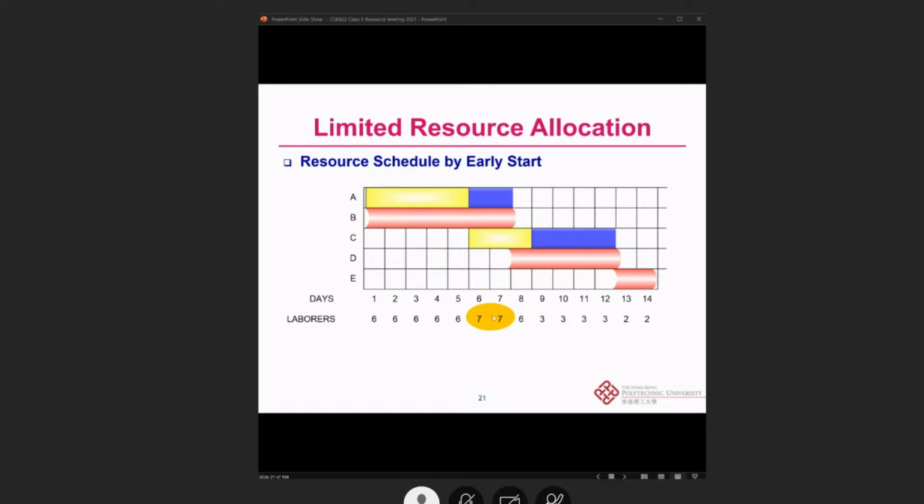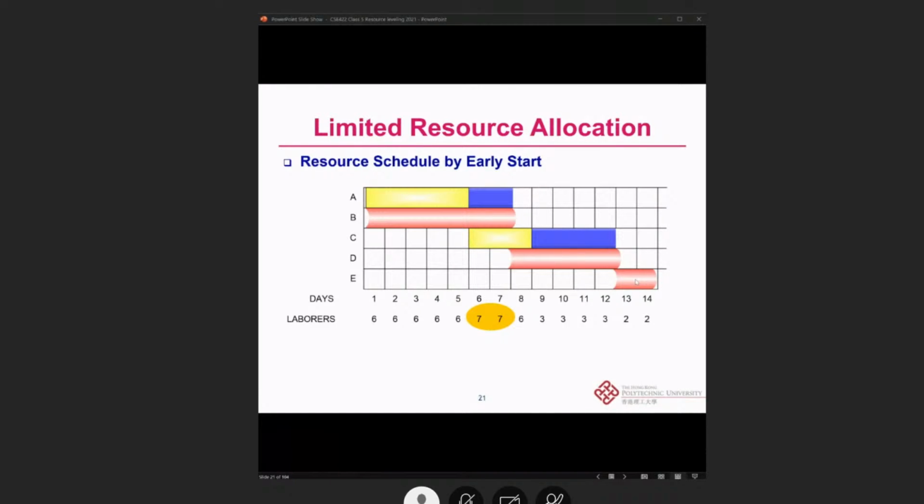Then how about the activity D? This activity will follow the activity B, so when B finishes, activity D can start. And for the activity E, it will start on day 13, followed by the activity D. You can also find that the critical path should be B, D, and E. All right, the path BDE is the critical path.